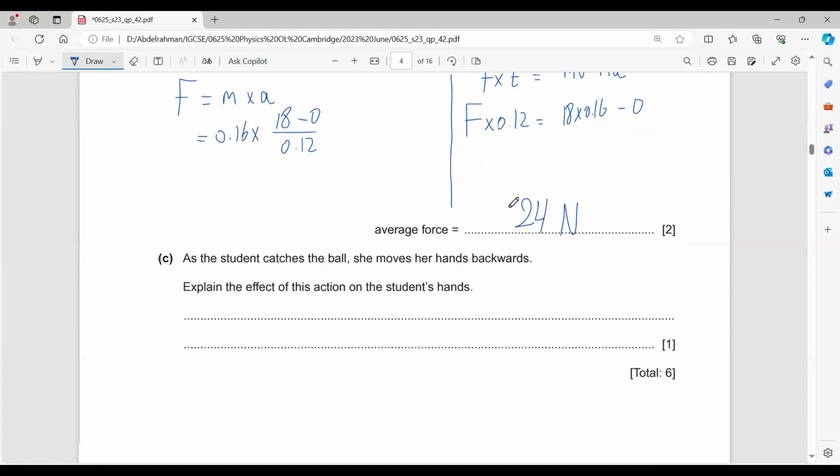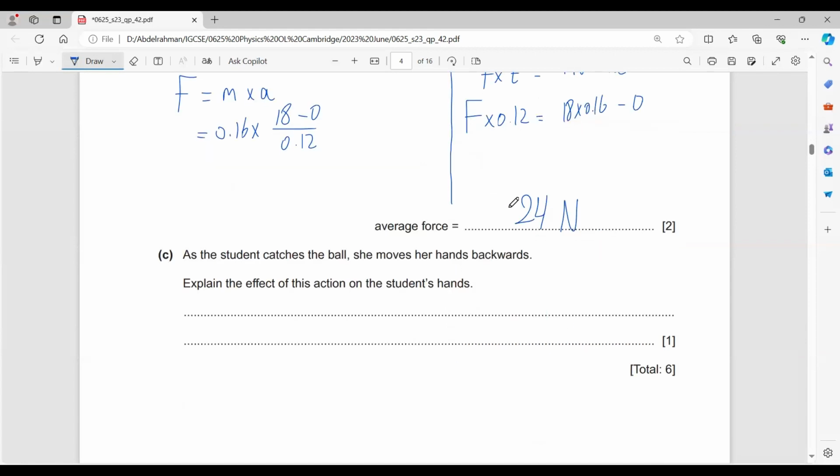As the student catches the ball, she moves her hand backwards. Explain the effect of this action on the student's hands. Why does she move her hand backwards as she catches the ball? It has to do with momentum and impulse. Any ideas?